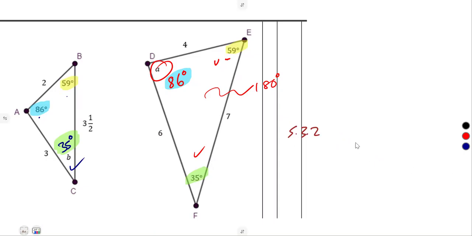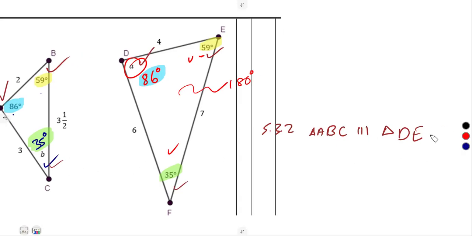You can write it the way that you want: triangle ABC is similar to triangle DEF, with angle A to angle D, angle B to angle E, angle C to angle F. The reason is equal angles, equiangular.